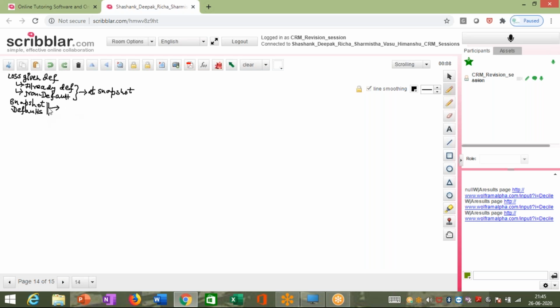These are known as the new to default. Now these are accounts which have defaulted in that particular snapshot. This is called the new to default category.